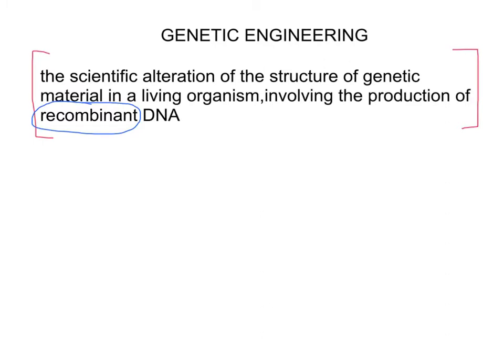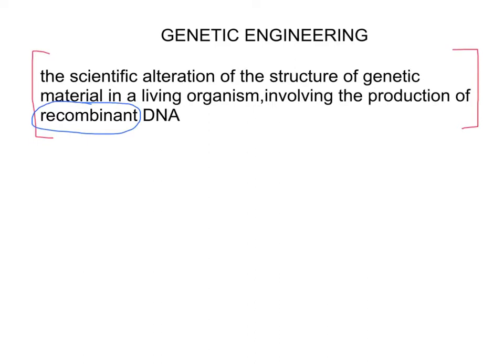So we'll look at some of the advantages of genetic engineering, but also some of the negatives, the arguments against this process. Now, ultimately, the process relies on a few basic principles, a few steps. You take a piece of DNA, you isolate the section that you're looking to incorporate into another organism.